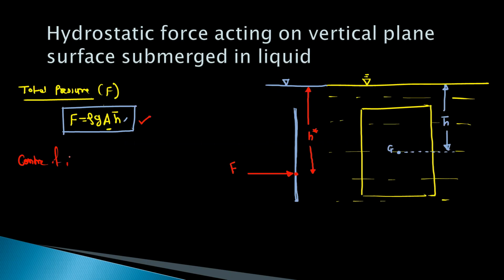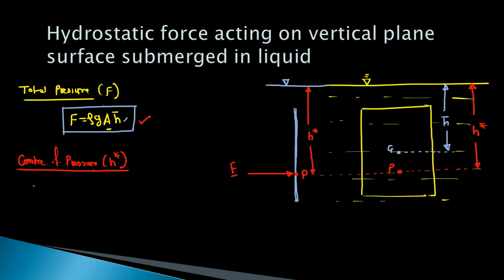So center of pressure, this is H star, that is the distance of this force point with respect to free surface. Okay, so it is denoted as point P. So on this plate, this point will be here. So this is P, which is the center of pressure. And this distance with respect to free surface is the H star.